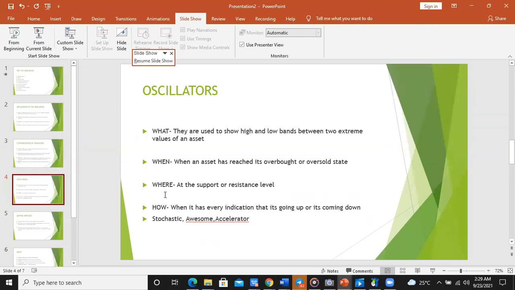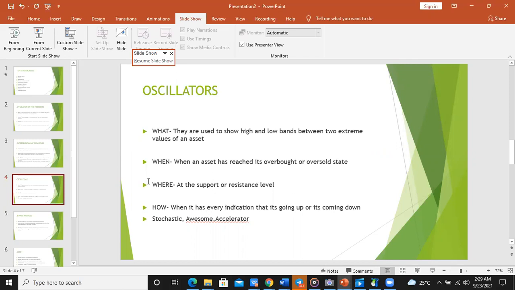Now, where are you supposed to use these oscillators, or where are you supposed to see them reacting, or see the strike price or the other strategies, before you'll be able to take the trade? At the support or resistance level.